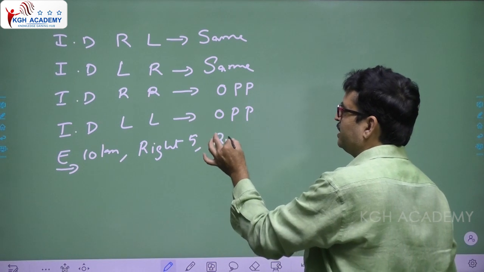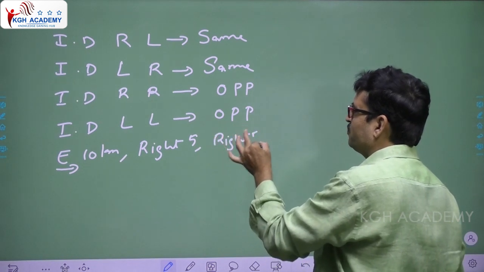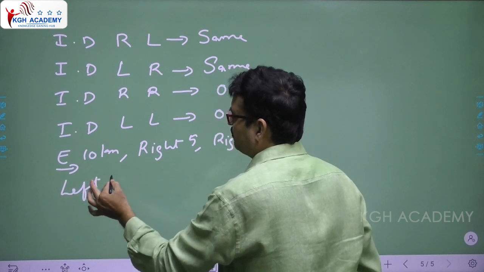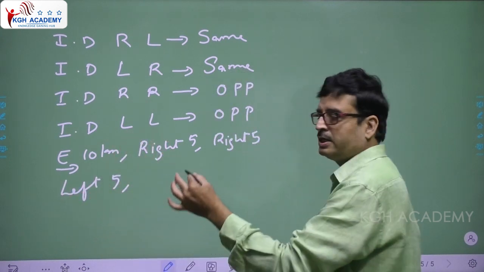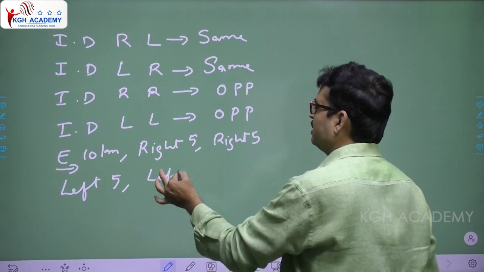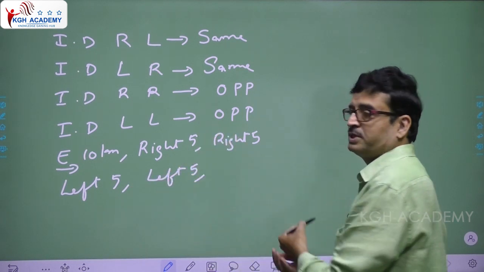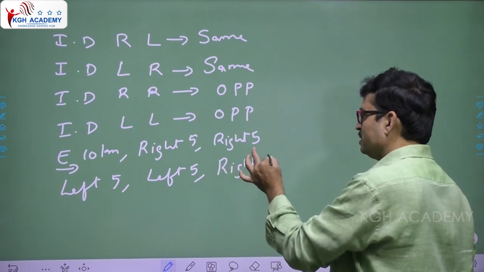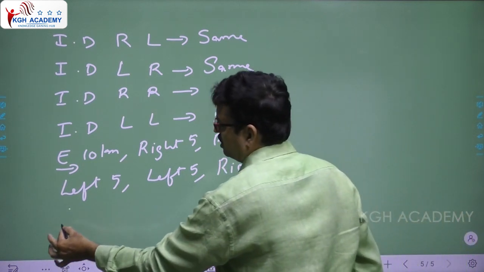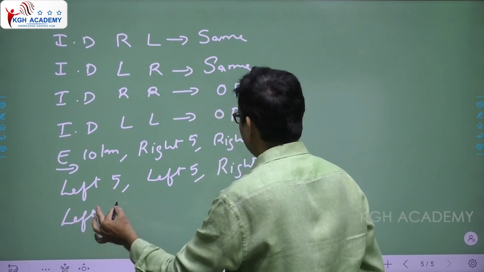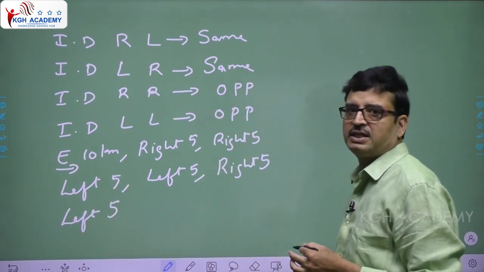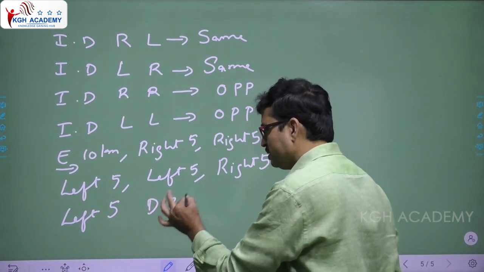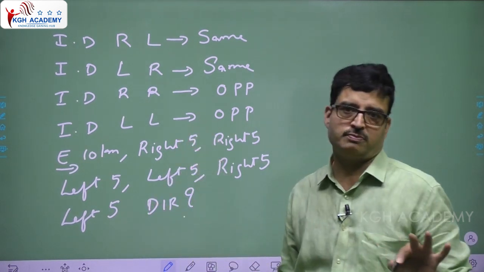Again he turned right and traveled 5 kilometers. He now turned left and traveled 5 kilometers. He turned left again and traveled 5 kilometers. He turned right and traveled 5 kilometers. He now turned left and traveled 5 kilometers. Finally, which direction is he facing? This is the question. Clear?